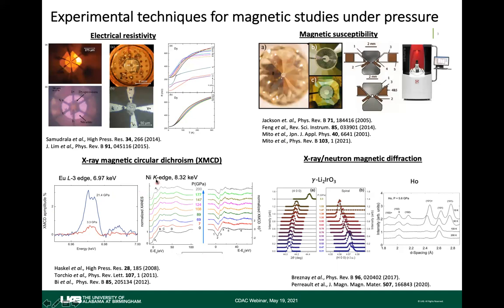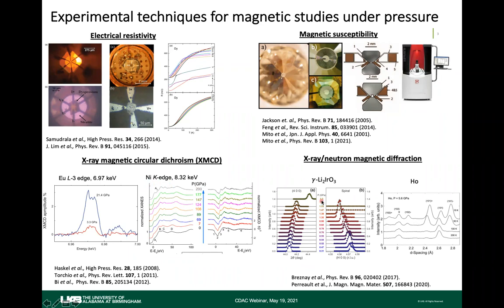And another example is the nickel K edge. So nickel is a ferromagnetic system. And so people have done the XMCD up to 200 GPa, and shown the robustness of the nickel ferromagnetism.